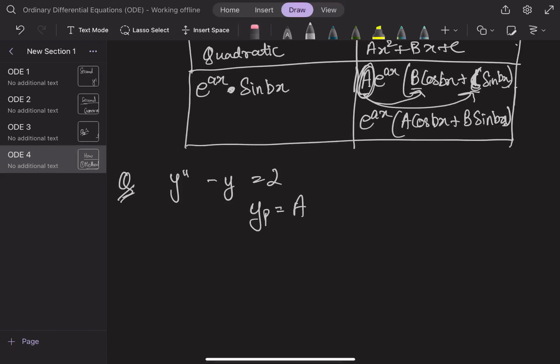Now yp is supposed to satisfy this equation. So we're going to find yp double dash and plug it into this equation so we can find out what a is. yp dash will be 0 as a is a constant, and yp double dash will again be 0.